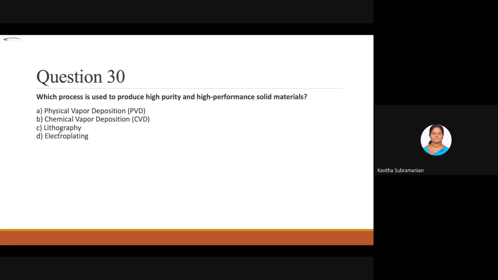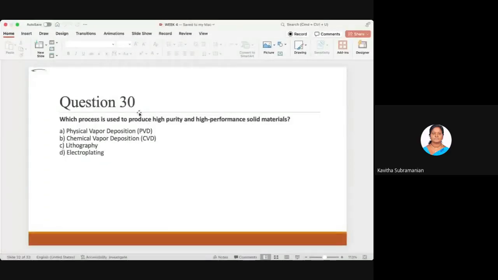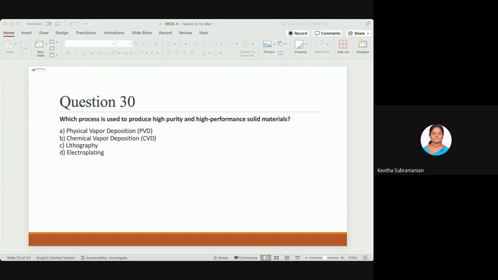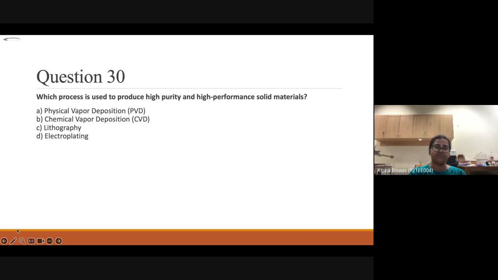Take your time, we'll try to give the right answer. CVD. Yes, the right option is CVD. A good quality thin film we can get from the CVD process.